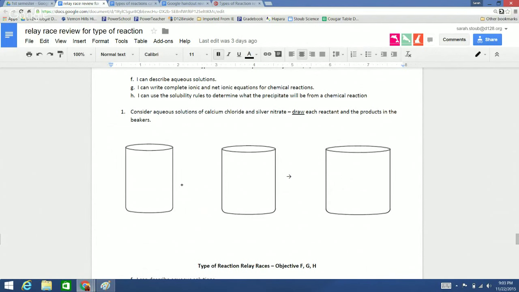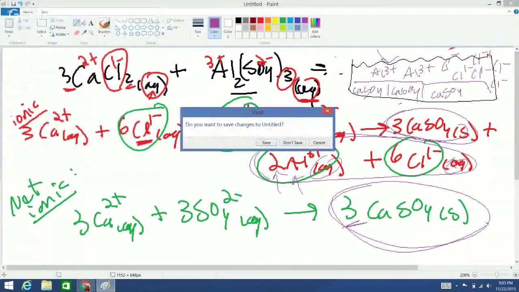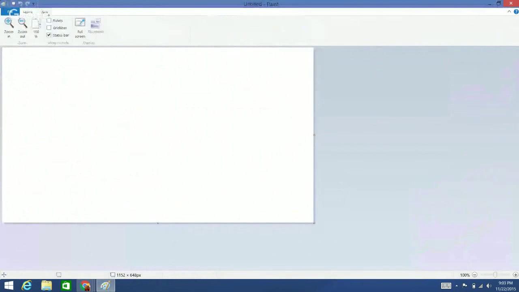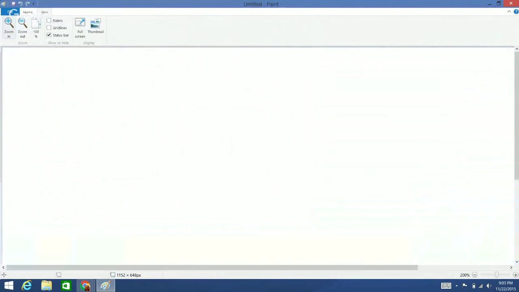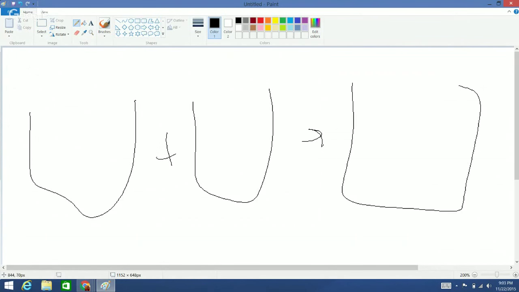Calcium chloride, silver nitrate. Calcium chloride is aqueous when dissolved in water.